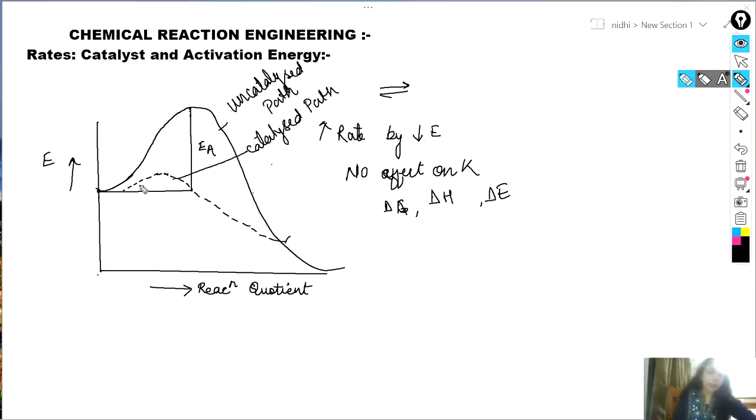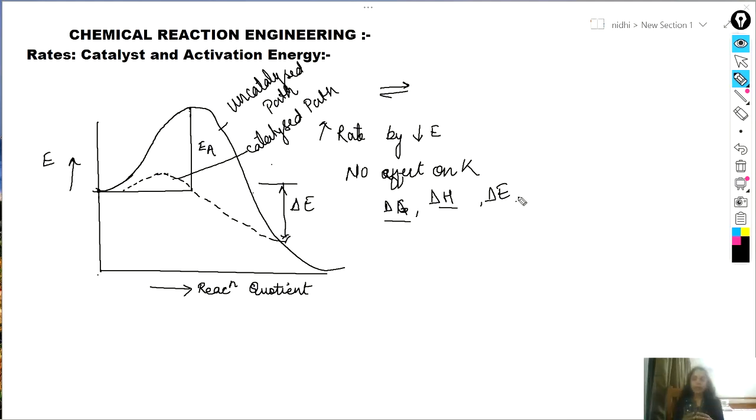That's because notice that if you compare our initial state, this is your initial state and final position, it does not matter whether you take the catalyzed path or the uncatalyzed path. आप कोई भी path ले लो, चाहे whether it is a catalyzed path or uncatalyzed path, but in either case we are going to have this delta E, and this delta E could be the change in enthalpy, it could be the change in Gibbs free energy, or it could be expressed as exothermic.